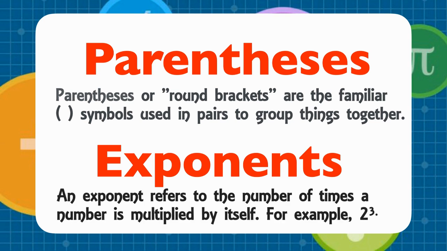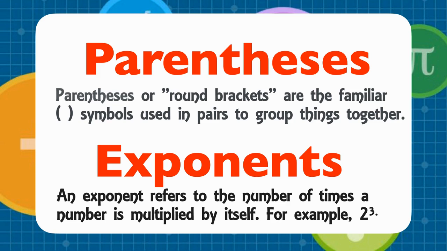Well, an exponent refers to the number of times a number is multiplied by itself. For example, 2 to the third power. That means 2 times 2 times 2. We're multiplying 2 three times.